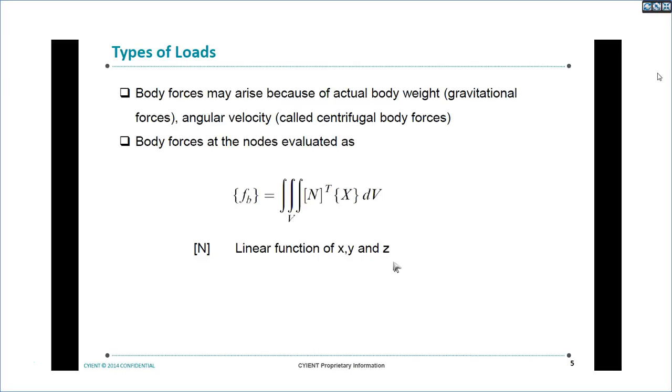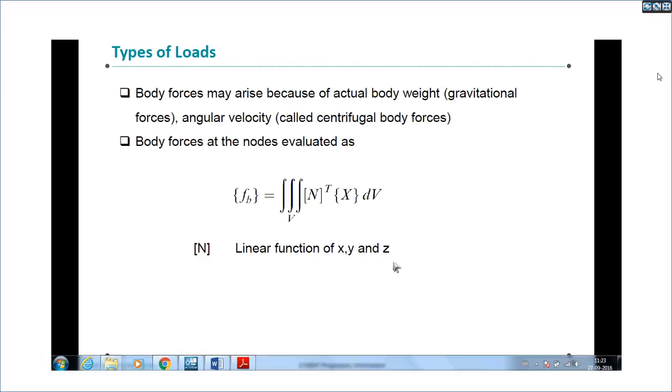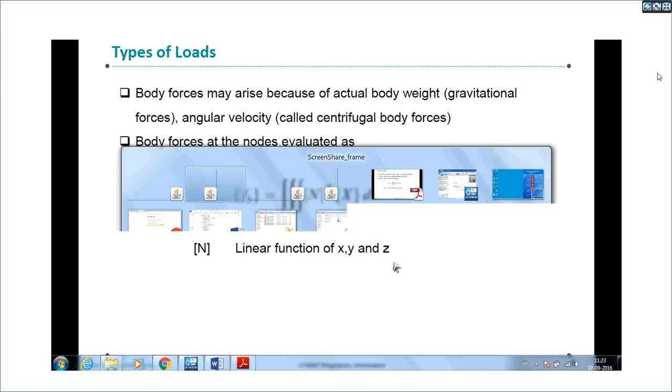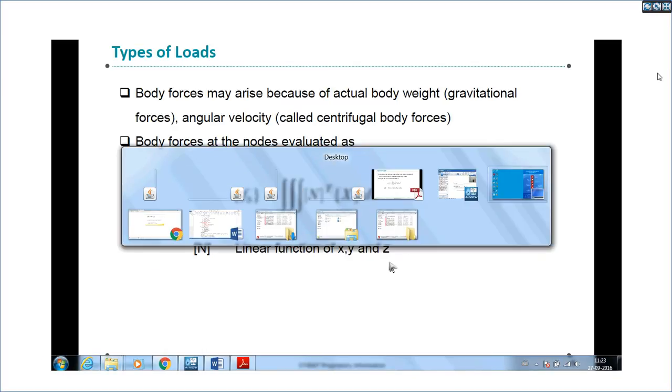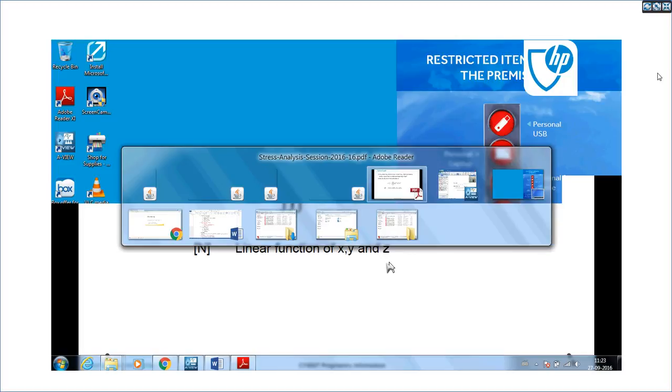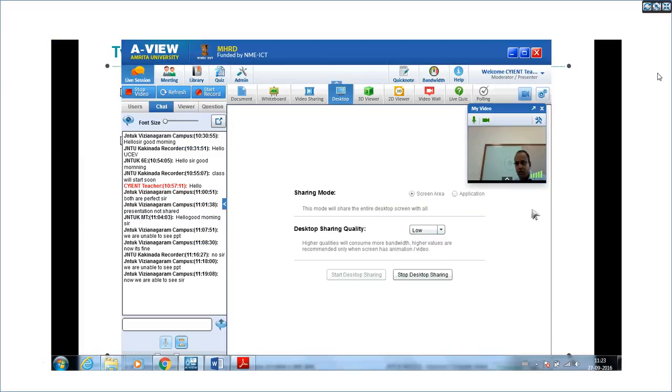Suppose I have a cylinder subjected to rotation.